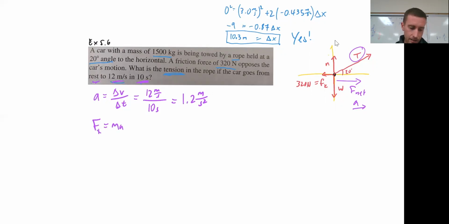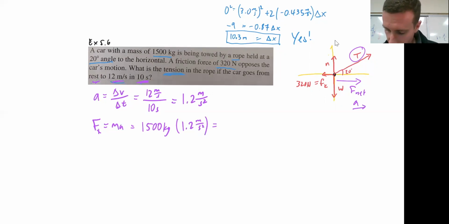So that's the force X of the tension rope, which is equal to my 1,500 kilograms, because the mass is what's moving, times 1.2 meters per second squared. 1.2 times 1,500 gives me 1,800 newtons. So overall, I need a net result of 1,800 to the right.